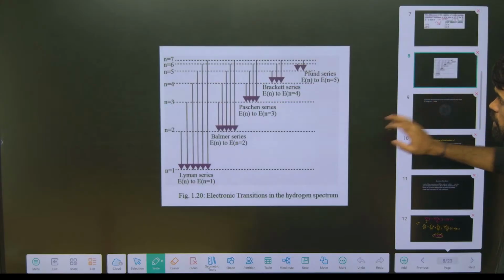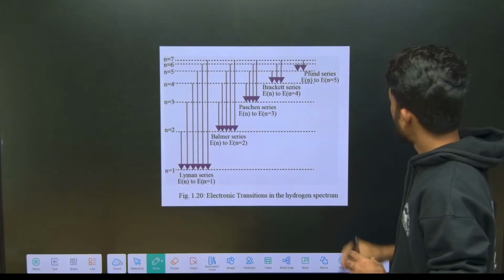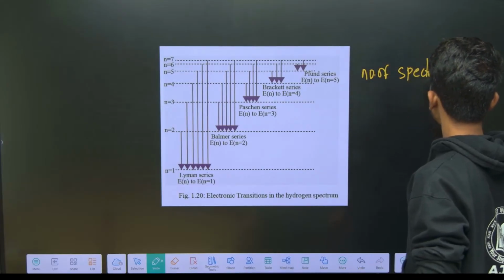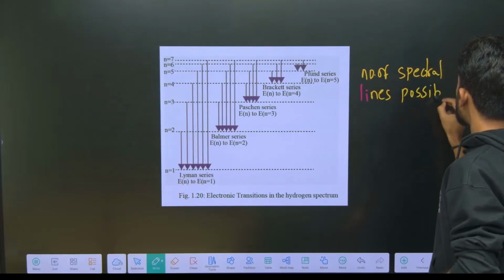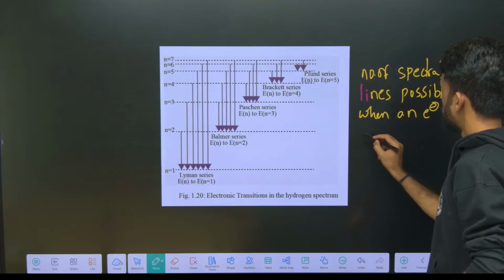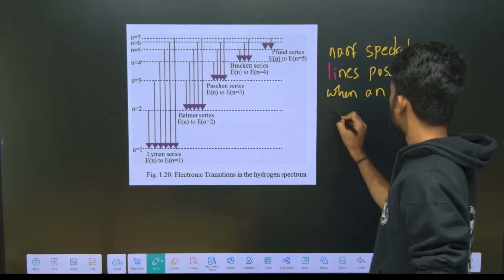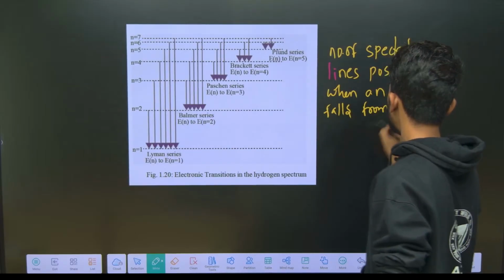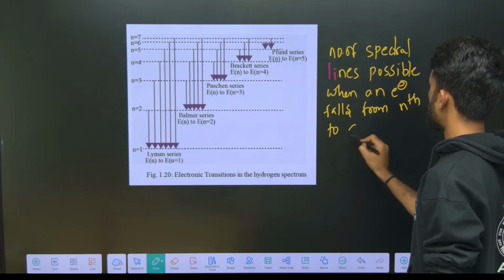Do you remember we discussed this in the last class, the Lyman series? Now they will ask the number of spectral lines possible when an electron de-excites or falls from the nth level to the ground state.